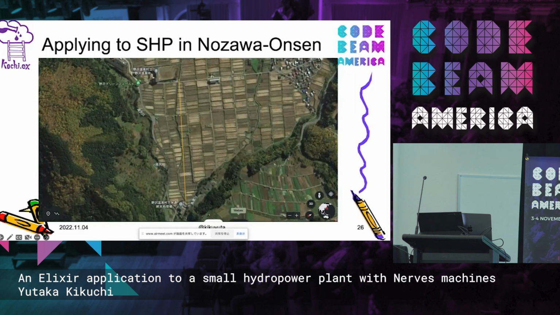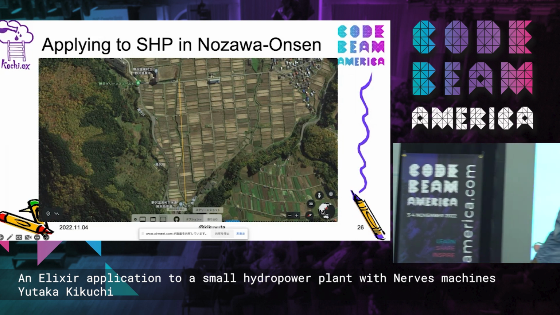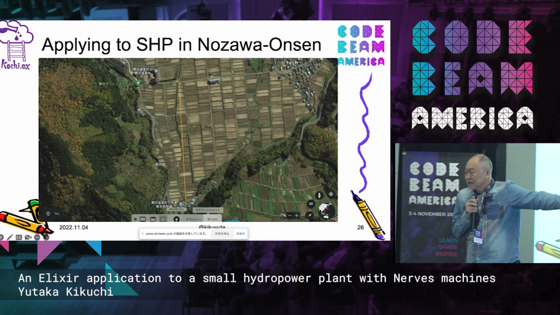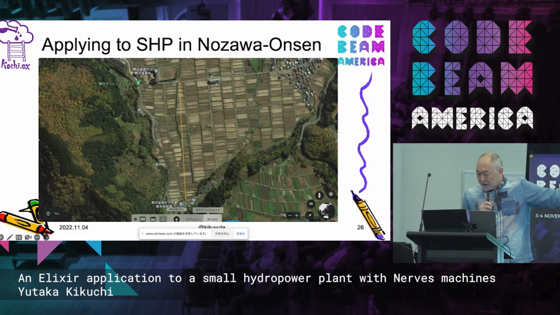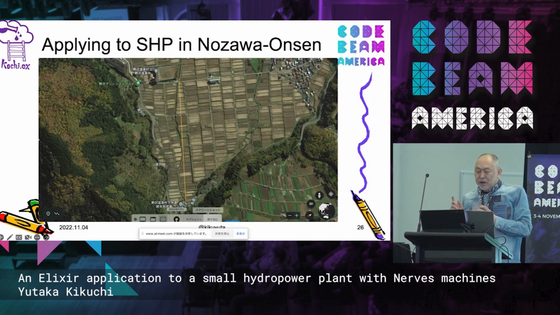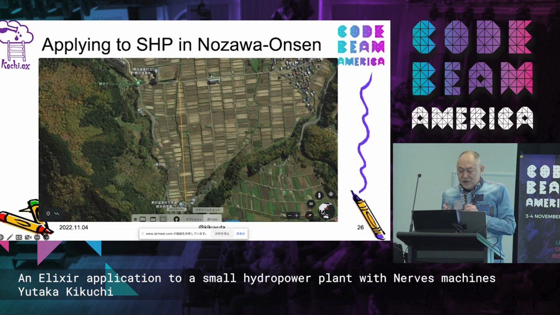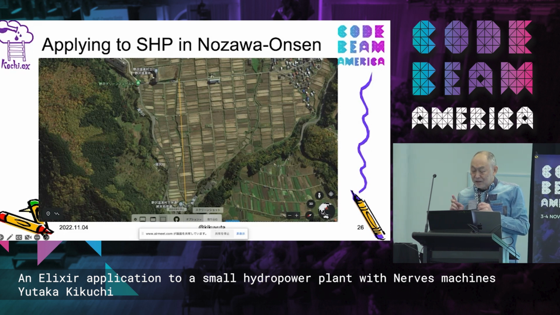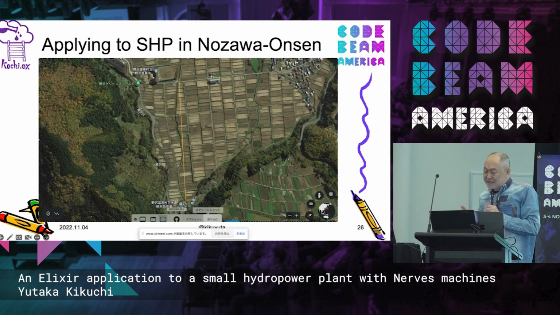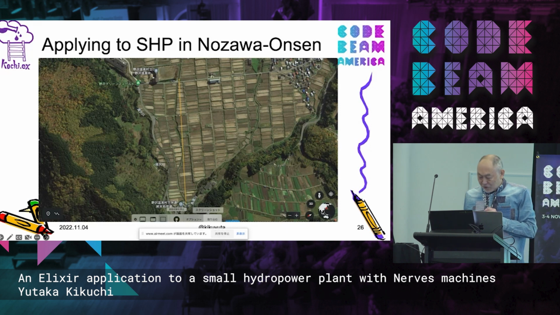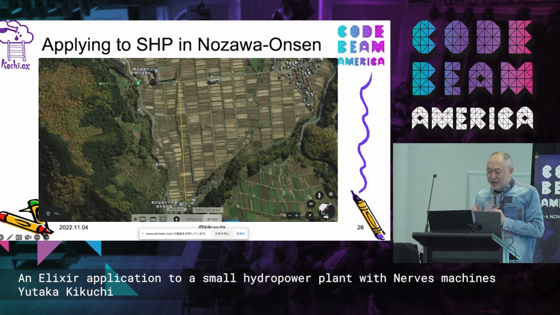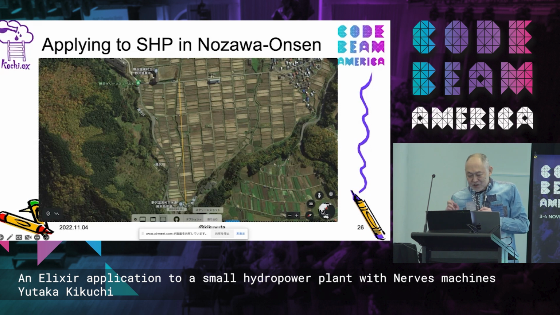There is a canal used for agriculture. So here is the powerhouse. So the mayor of the village declared that Nozawa Onsen would be a village that promotes renewable energy. So they wanted to use an existing agricultural channel also for small hydropower.